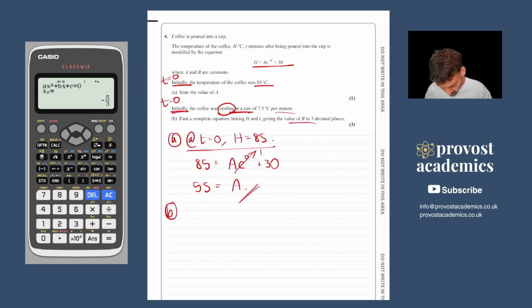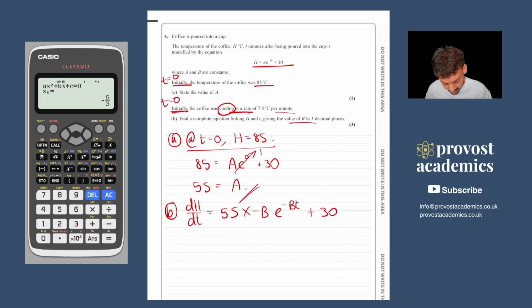Okay, cool. So we find dh/dt. We're differentiating an exponential, and when we differentiate an exponential, we bring down the coefficient of the variable, in this case that's t. So we bring down the b. So 55 times minus b, e to the power of minus bt.